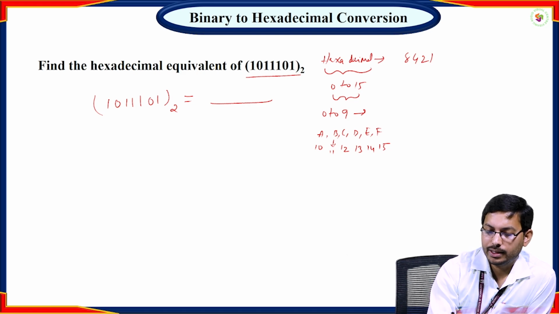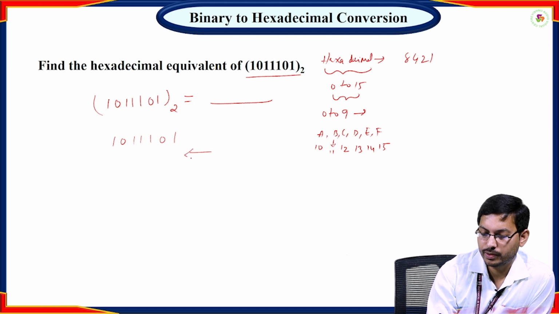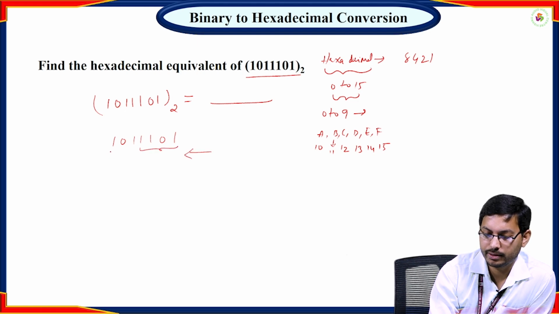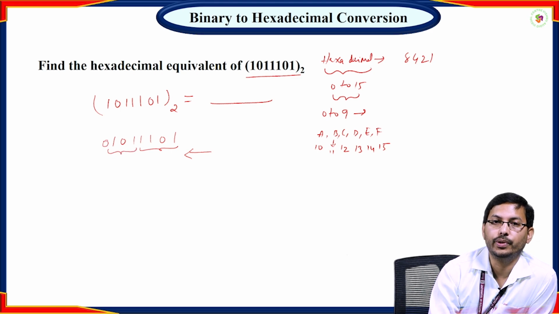So if you take this problem, that is 1 0 1 1 1, here 0 1, go in this direction. Let us take 4 bits on one side as a group, and the next bits as a group. Of course here no bit is present, so we just need to put a 0.